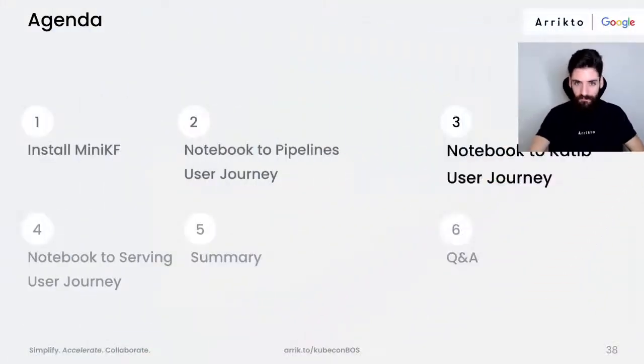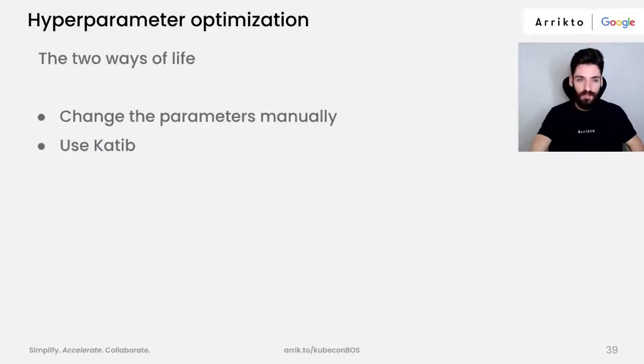Now that we have converted the notebook into a single run pipeline, we want to scale this up and optimize our model with hyperparameter tuning. So how do we do that? Well, we could start tinkering manually with the parameters in the notebook and run multiple pipelines manually, just like we did now, and then compare the metrics and choose the best model.